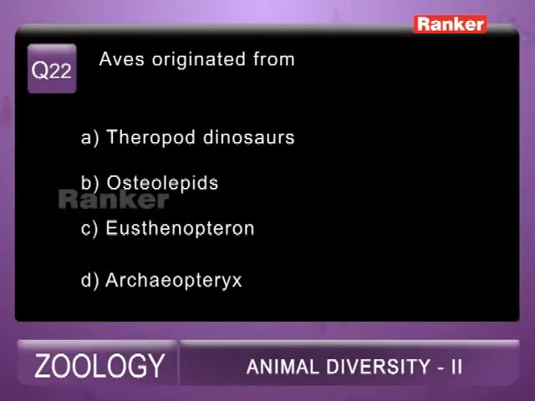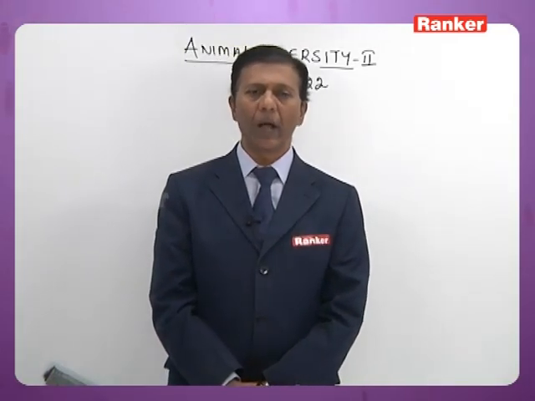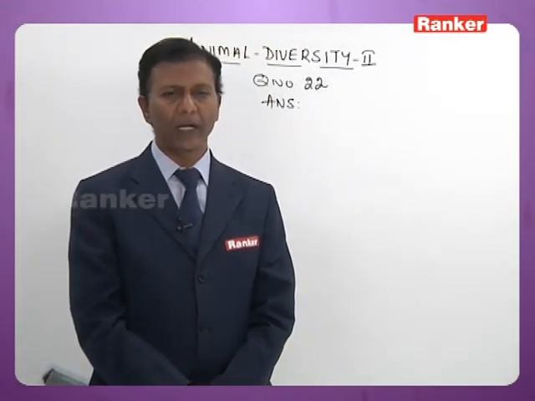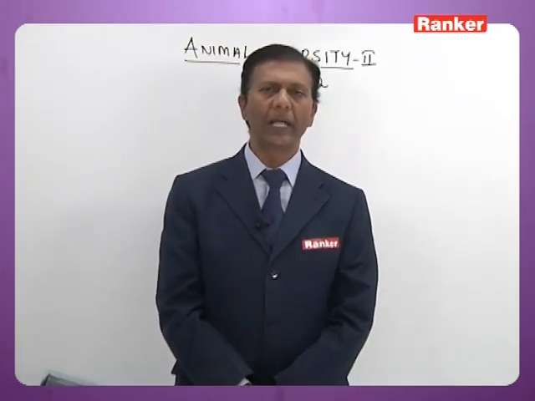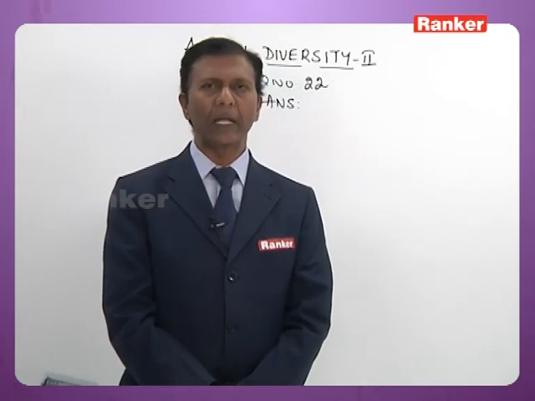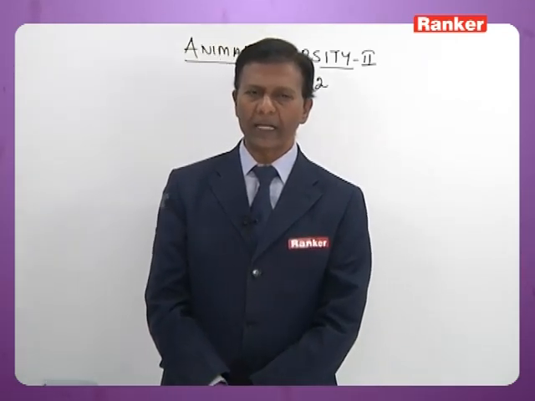The 22nd question. I'll read out the question. Aves originated from: A. theropsodont dinosaurs, B. osteolapids, C. eosthenopteron, D. archaeopteryx. Now, birds originated from theropod dinosaurs in the Jurassic period. Cretaceous birds acquired modern flight characters.